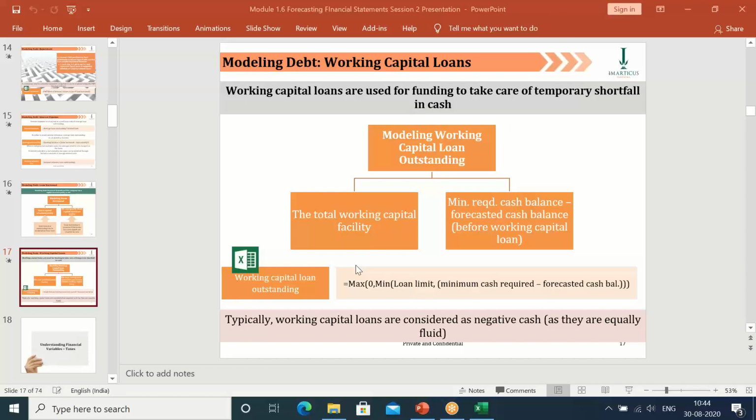Okay, so what is working capital? Working capital is the capital required to fund your day-to-day business. It is funding required to meet your temporary shortfalls, your day-to-day funding requirements.